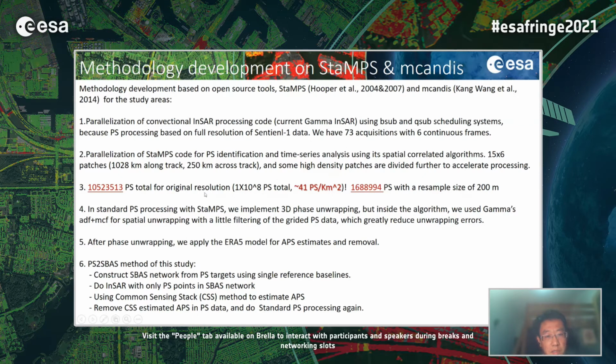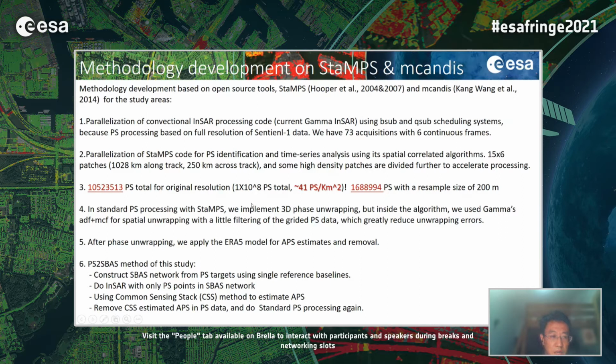We obtained 41 PS per square kilometer. If we want to use coarser resolution, we can reduce it to this kind of points, so it is possible to do the analysis on very small computers.